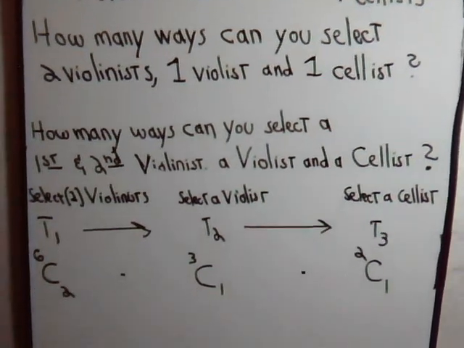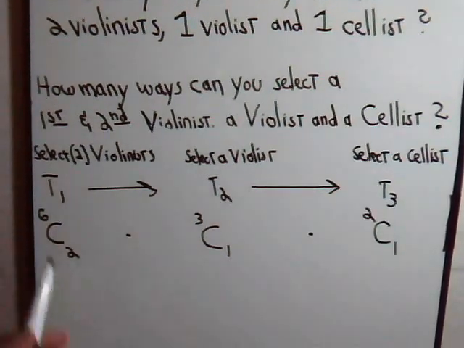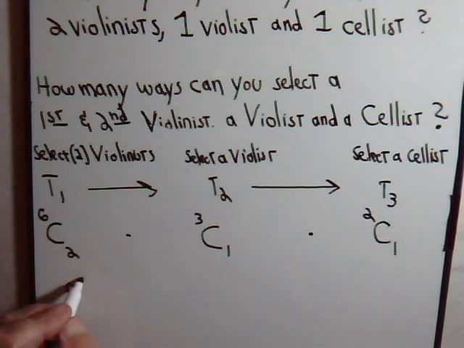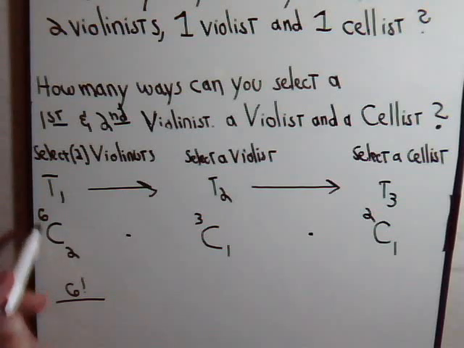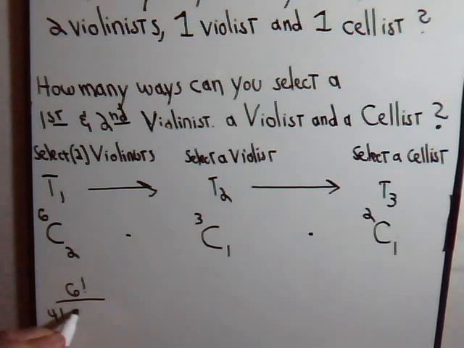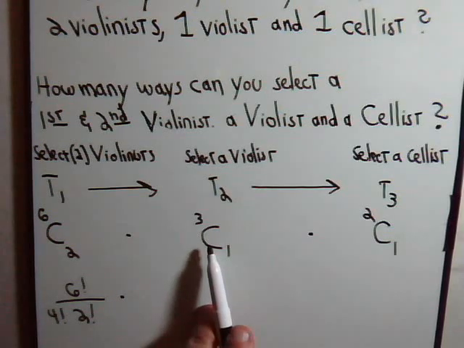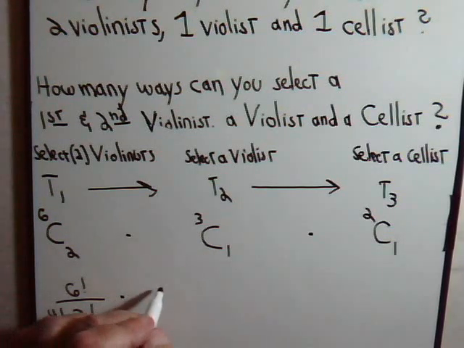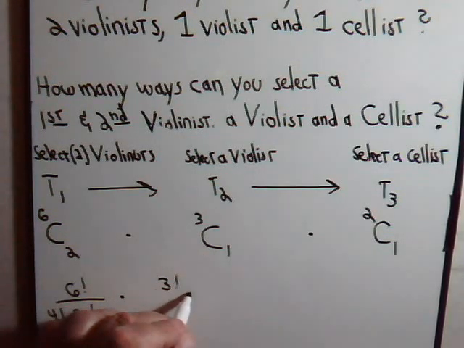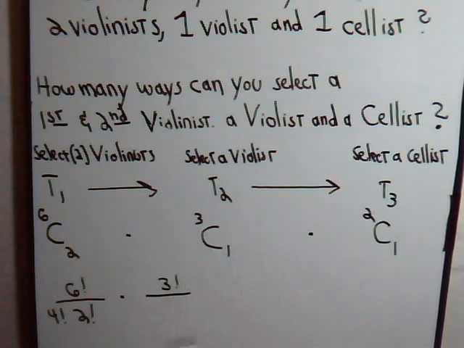So let's see what this comes out to be. Here we have 6 factorial divided by 6 minus 2 is 4, so that's 4 factorial times 2 factorial. And here we have 3 factorial divided by 3 minus 1 is 2 factorial times 1 factorial.